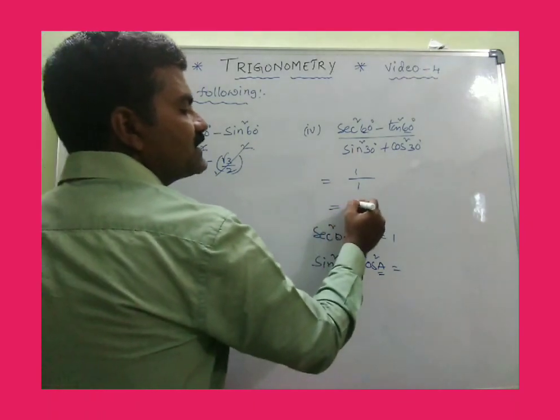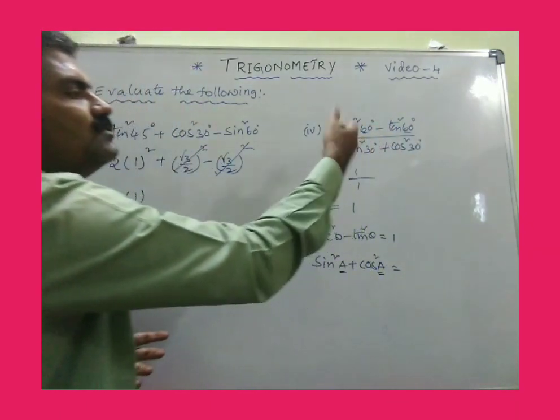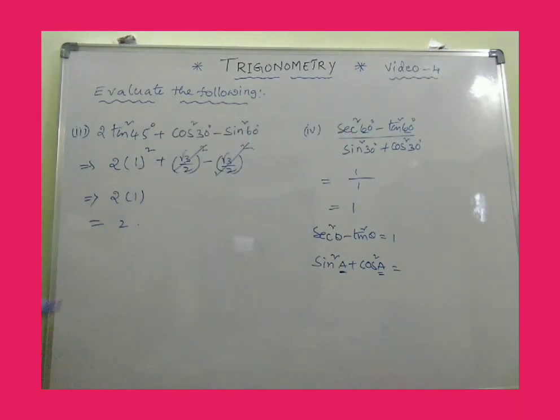So finally this answer is 1. You can also solve it using the values of secant 60, tan 60, sin 30 and cos 30, by substituting their respective values.